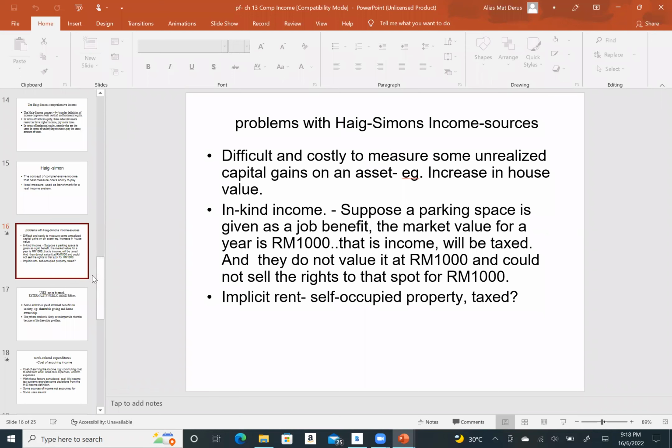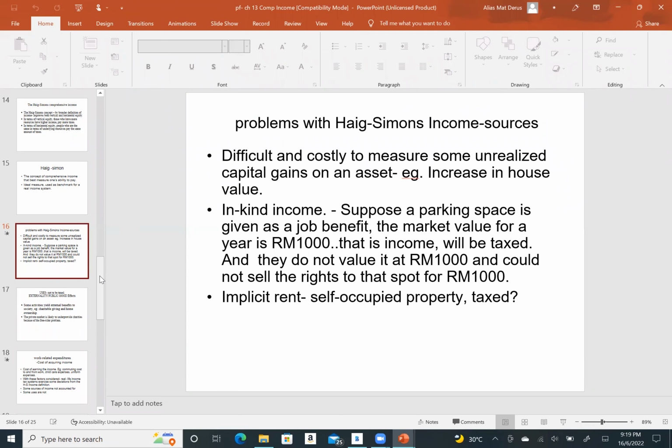Okay, now when you do taxation, you want to tax the income, all right? There are some issues with regard to the concept of comprehensive income. Number one, some of the income included in that definition is costly or difficult to measure.